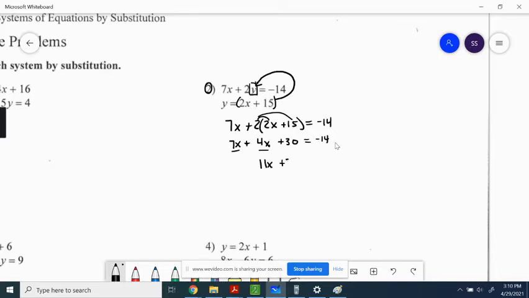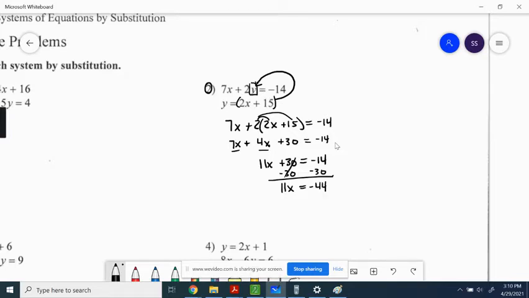Again, we're going to update the problem. Drop everything down. And now I want to get the variable by itself, so I need to get rid of this 30. I'm going to do so by subtracting 30 on both sides. 11x is equal to, this is negative 14 minus 30, which is negative 44.